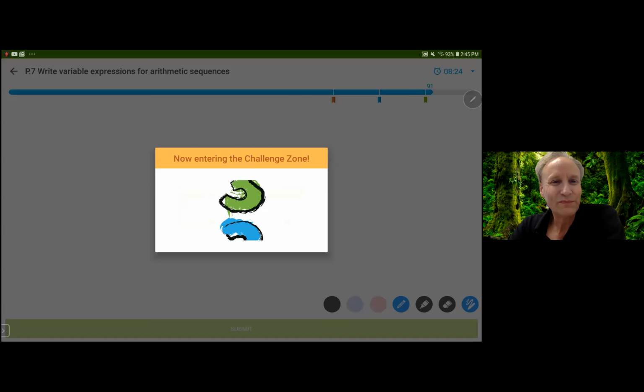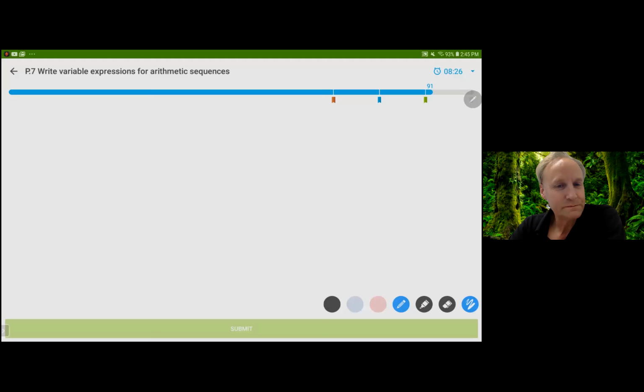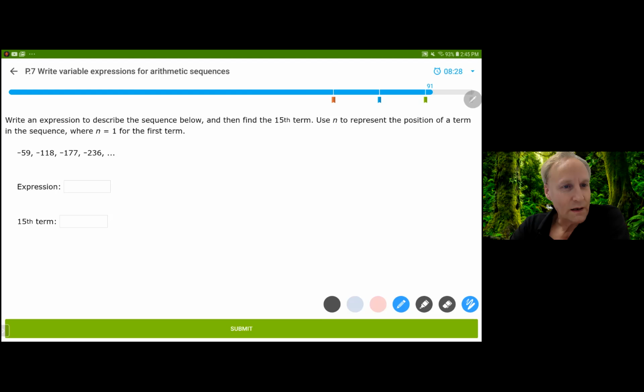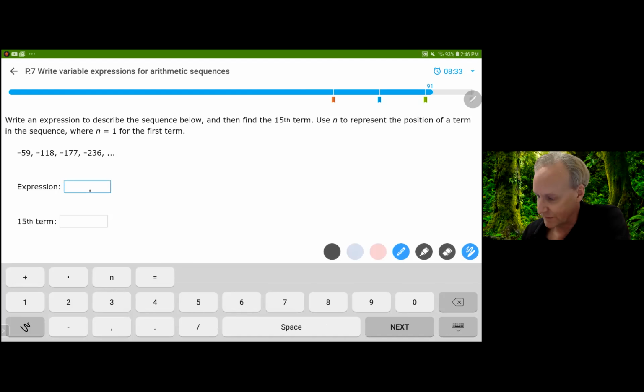We're getting there. These are multiples of 59. Oh, we did get something a little more interesting. -59n, and the 15th term is going to be -59 times 15.